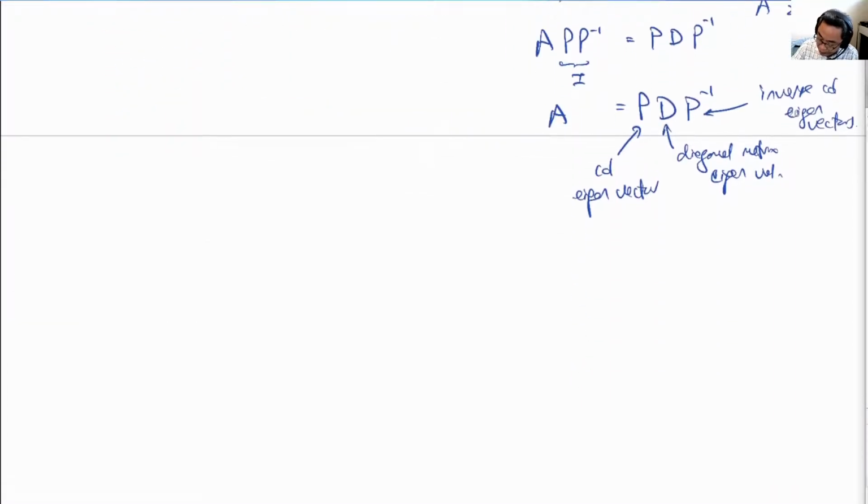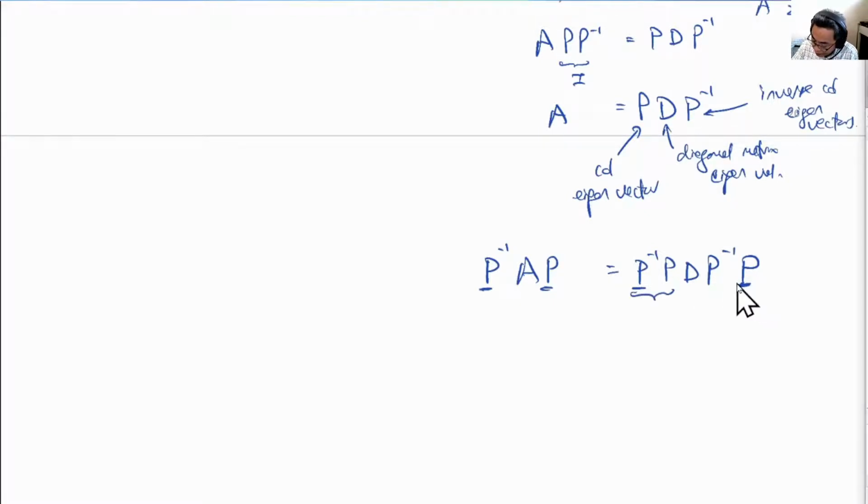Now, once we have this equation, I'm going to show you something interesting. We're trying to move the P's from the right hand side to the left hand side. So we introduce P minus 1 on the left of A and P on the right of A, so we must introduce P minus 1 on the left of this guy and P on the right.